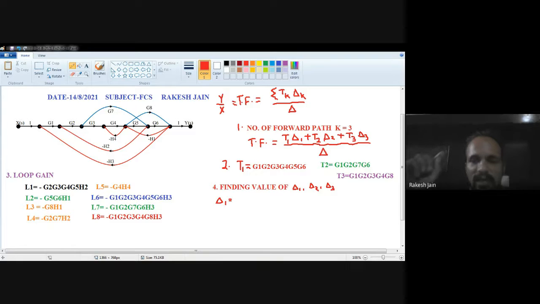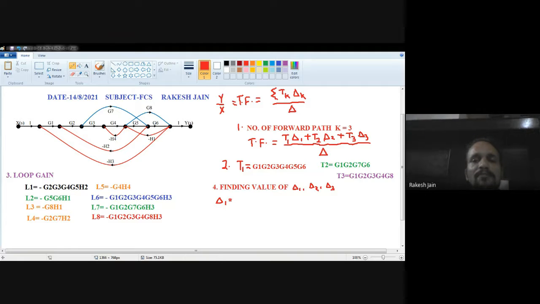Here the subscript 1 means the forward path number, so del 1 means the first forward path, which I denoted by G1, G2, G3, G4, G5, G6. Among the total 8 loops L1 to L8, which loop does not touch the first forward path? We have to find out.